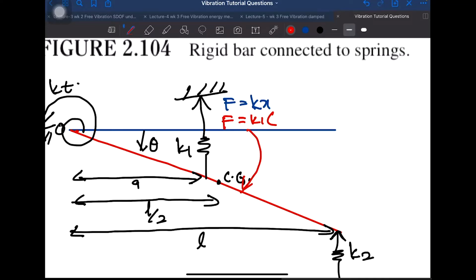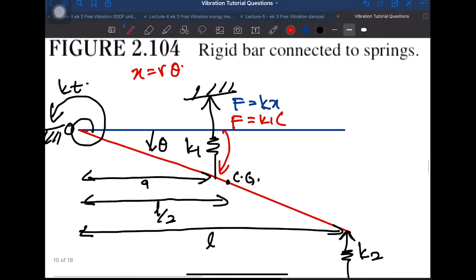So what is this displacement here? Remember, x equals r theta. So the displacement for K1, the x, will be r theta, but the r of K1 is a. r is the distance of the force from the pivot point.